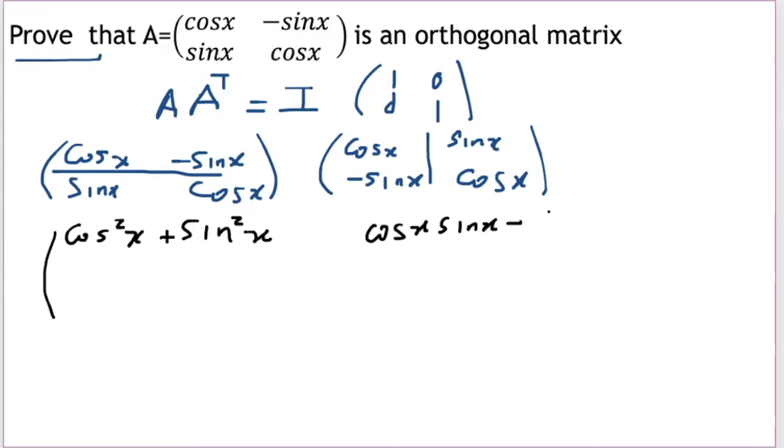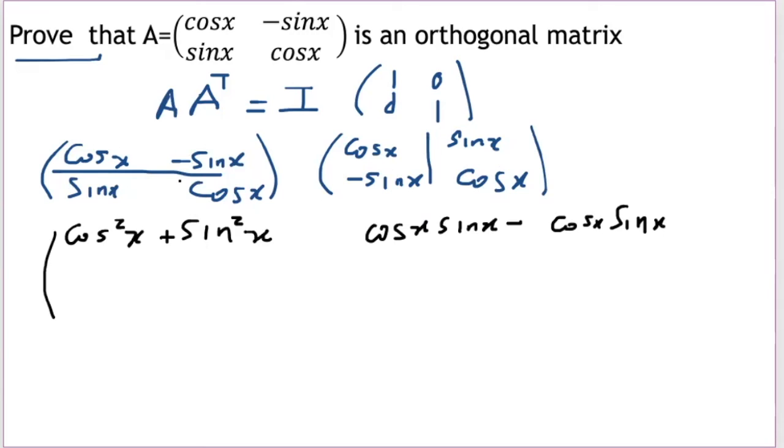You can write minus sine x cos x, but due to consistency, because I wrote cos x first, that's why I am going to write cos x sine x. So remember, minus sine x times cos x is the same thing as minus sine x cos x, but due to consistency, that's why I've written cos x first.